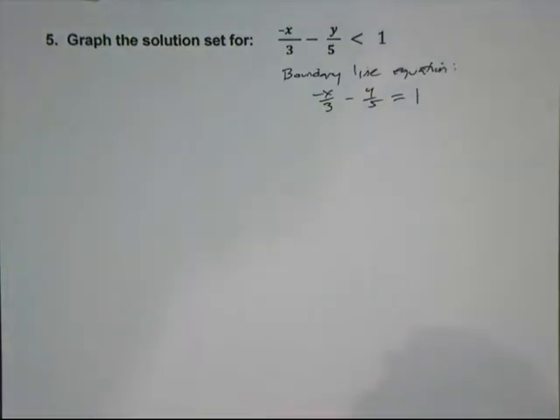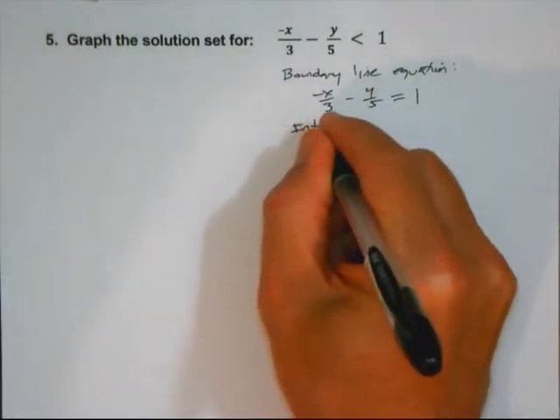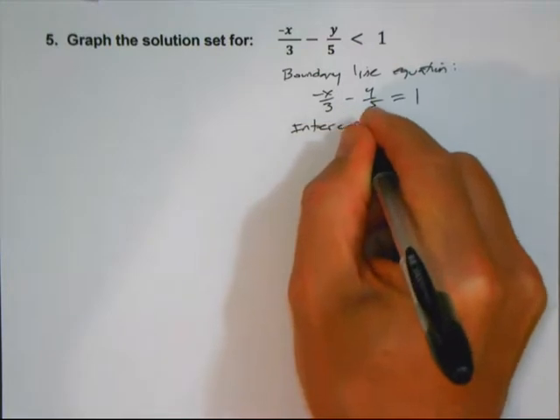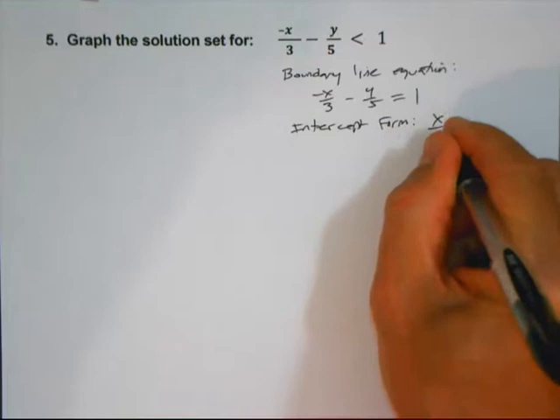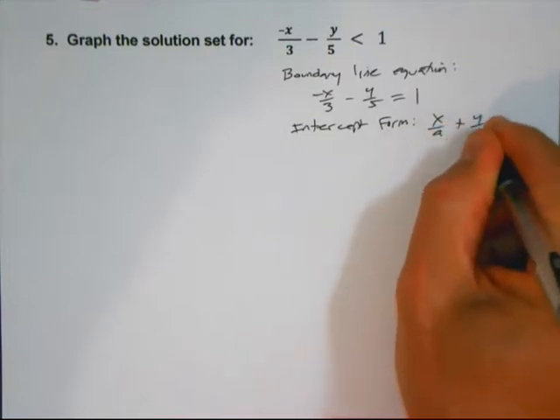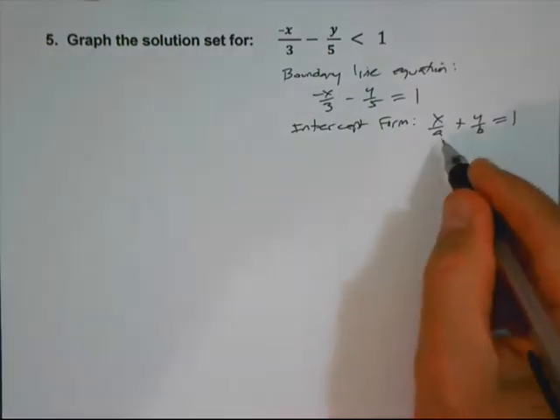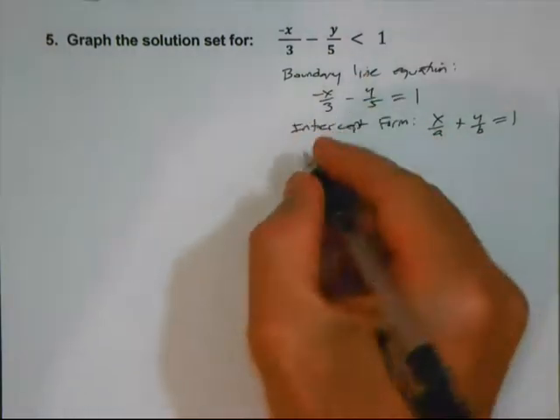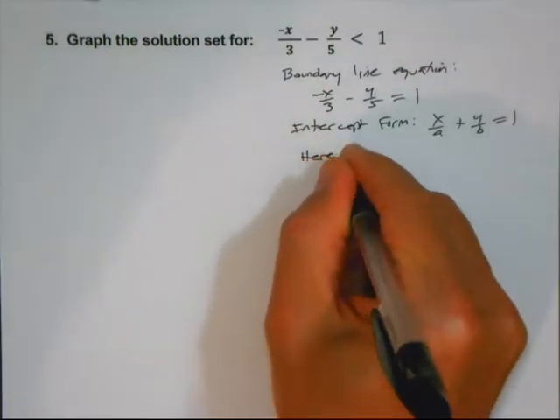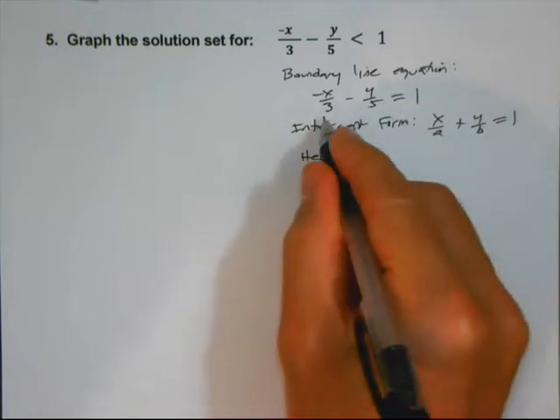Now, if you can recall, intercept form, that is x over a plus y over b equals 1. In this form, a is the x-intercept, b is the y-intercept. Okay, so here in our case, let's be very explicit about how we notice this is intercept form.